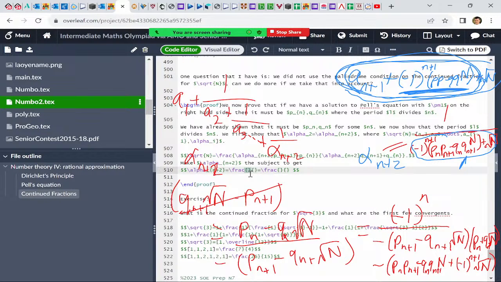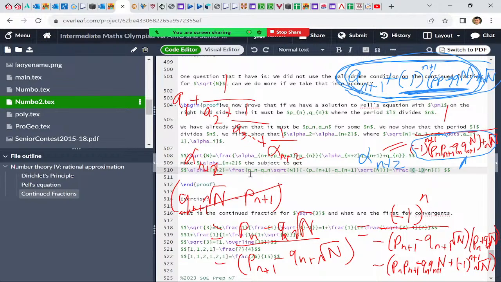Okay, so is this right? Pn minus Qn square root n, and the bottom is minus Pn plus 1, minus, and that equals, so you go to the power of n, minus 1 to the power of n.